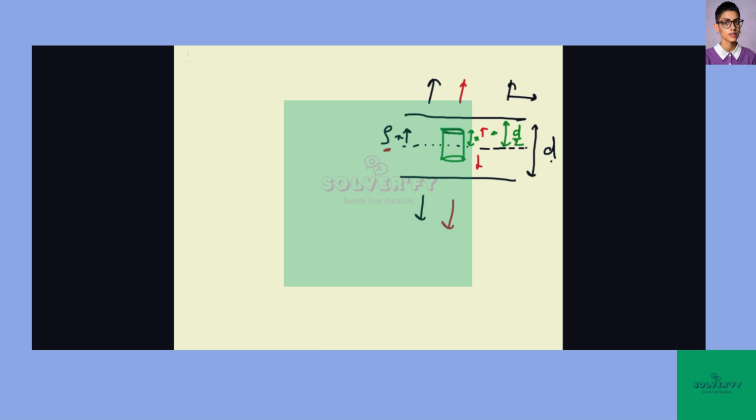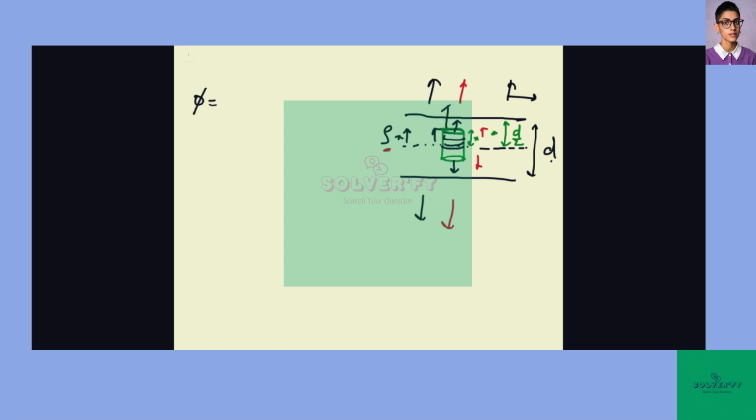Now, we want to find the flux through this Gaussian cylinder. The flux through the curved surface will be 0 because the field is simply perpendicular to the surface. There will be flux from the two circular surfaces on either side. So our flux will be the sum of the two fluxes.